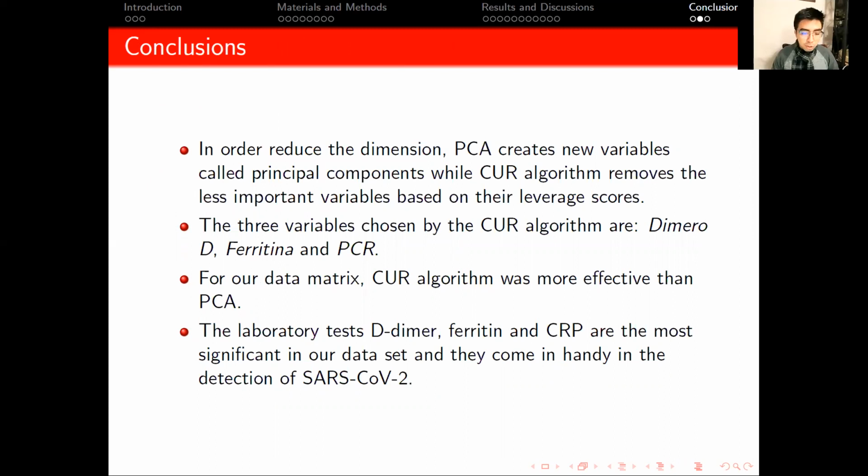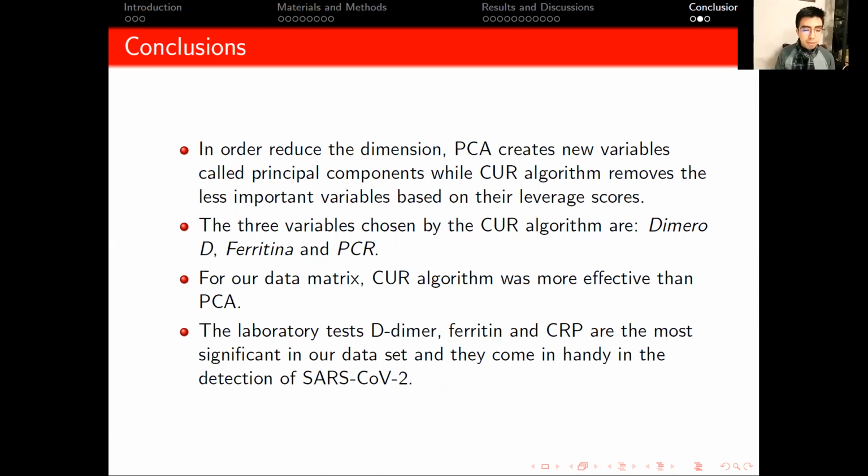While PCA creates variables as linear combinations of components, the CUR algorithm removes less important variables based on the leverage score. Unlike PCA, and whenever it's possible, the CUR algorithm allows us to have a better interpretation of the result because matrix C is built from the original variables.